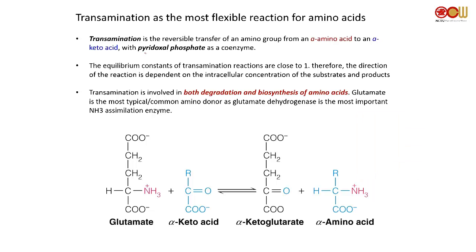This guy uses a coenzyme called pyridoxal phosphate, in short PLP. Now, the equilibrium constant of the transamination reaction is close to 1. Therefore, the direction of the reaction depends on the intracellular concentration of the products and the substrates.